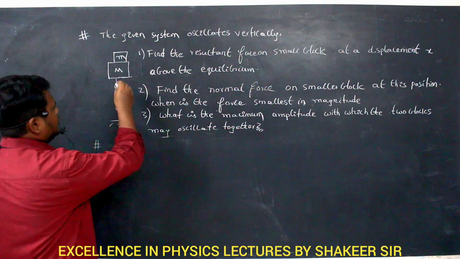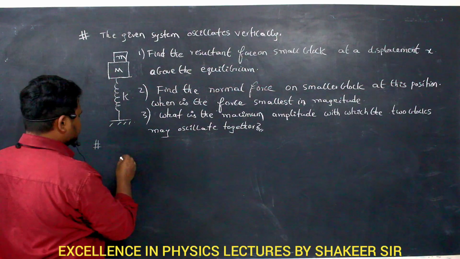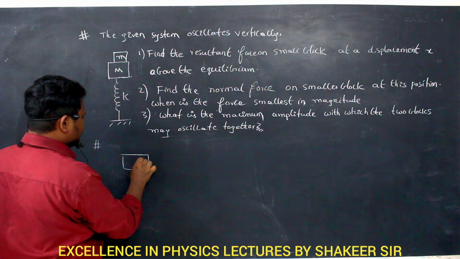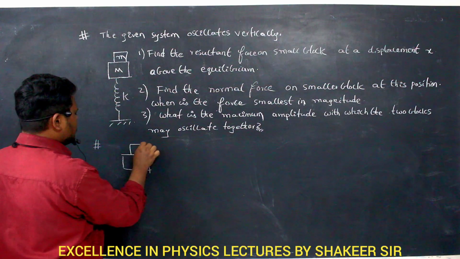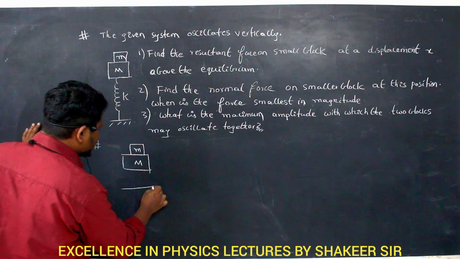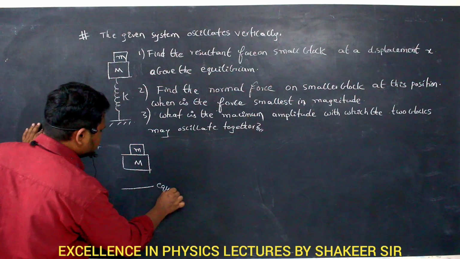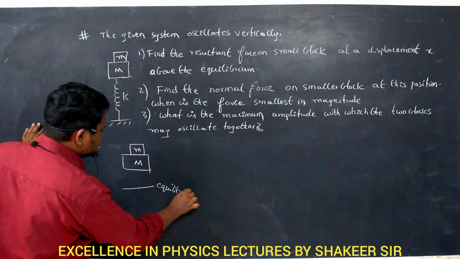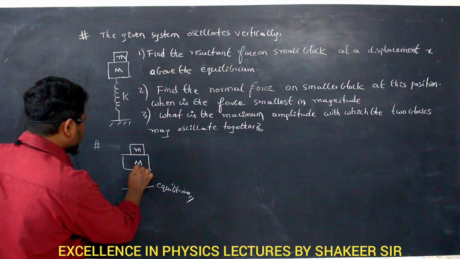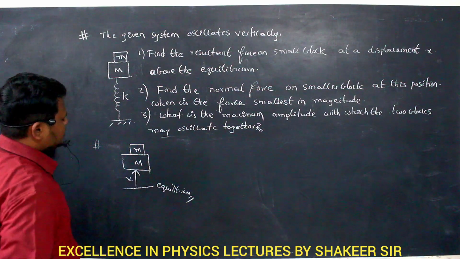So if this is our capital M, on this one a mass of small m is present, and let us consider this was our equilibrium position. So above the equilibrium position, the masses were displaced by a displacement of x.